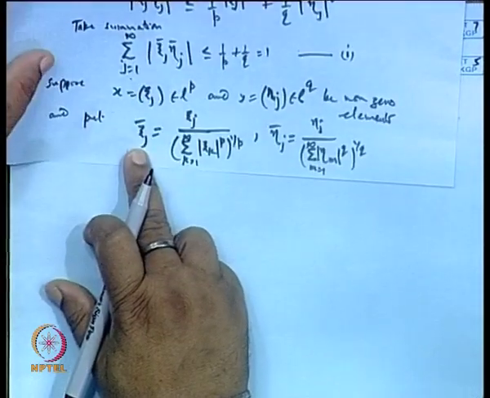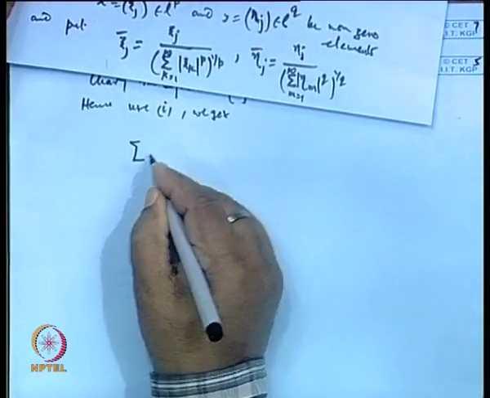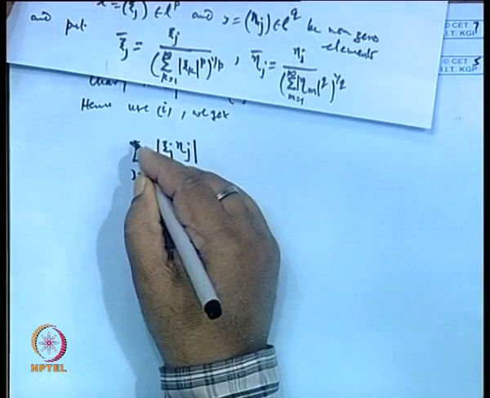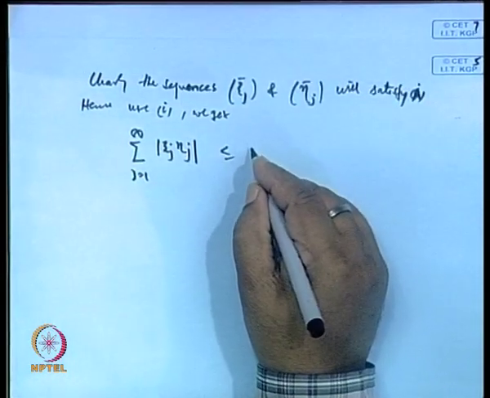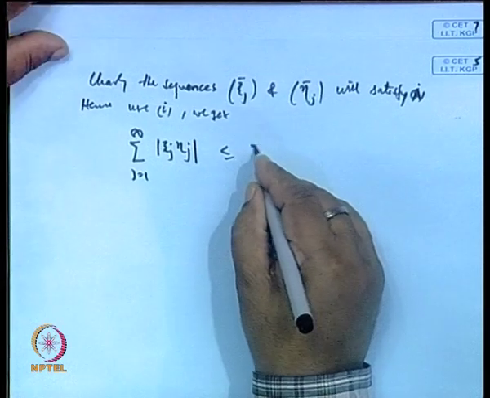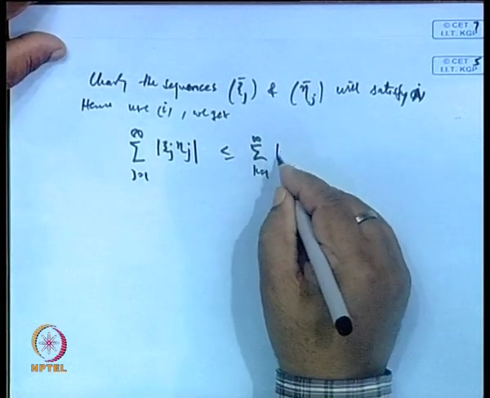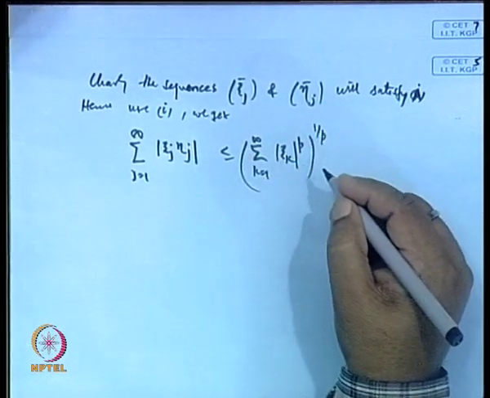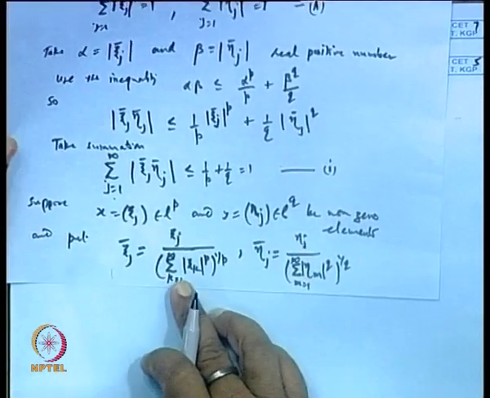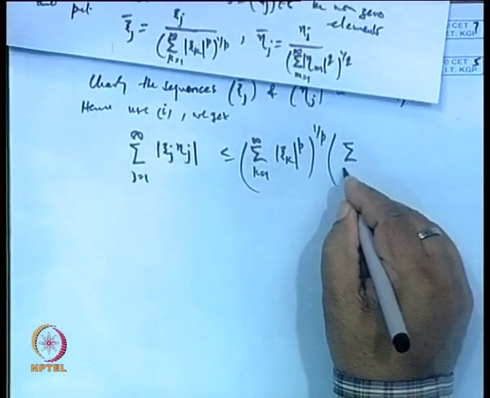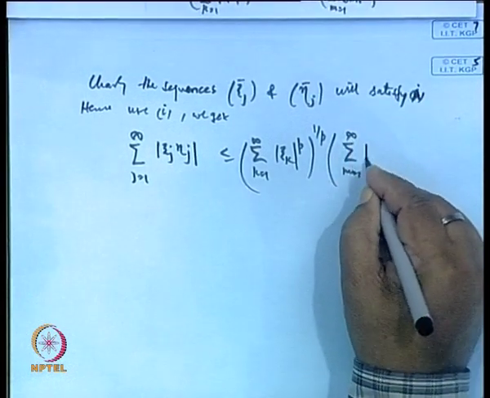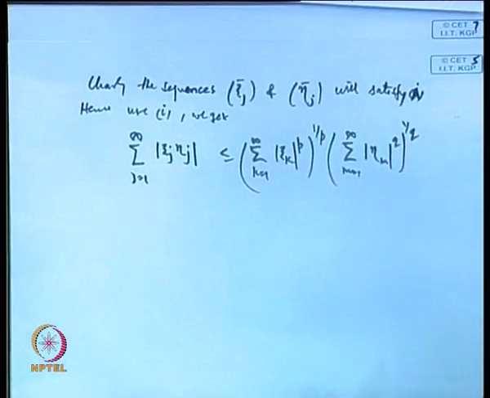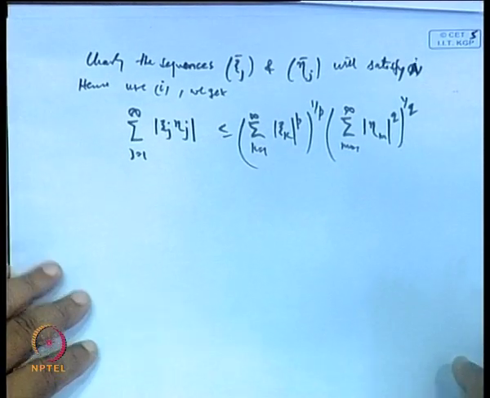So, sigma of mod xi j eta j, j equal to 1 to infinity, is less than or equal to, is it not, sigma k equal to 1 to infinity mod xi k power p, whole power 1 by p, into, is it not, this into this, sigma m is 1 to infinity mod of eta m power q, whole power 1 by q, and that gives you the Holder's inequality.